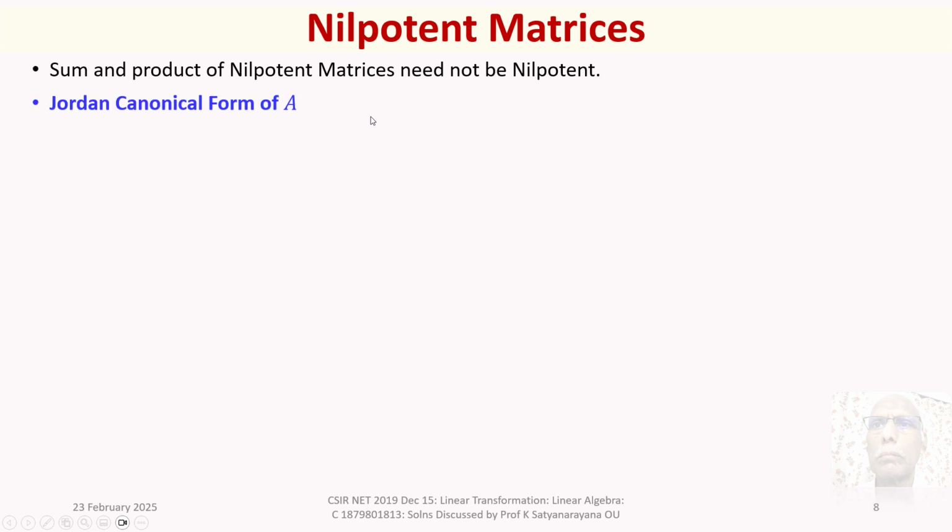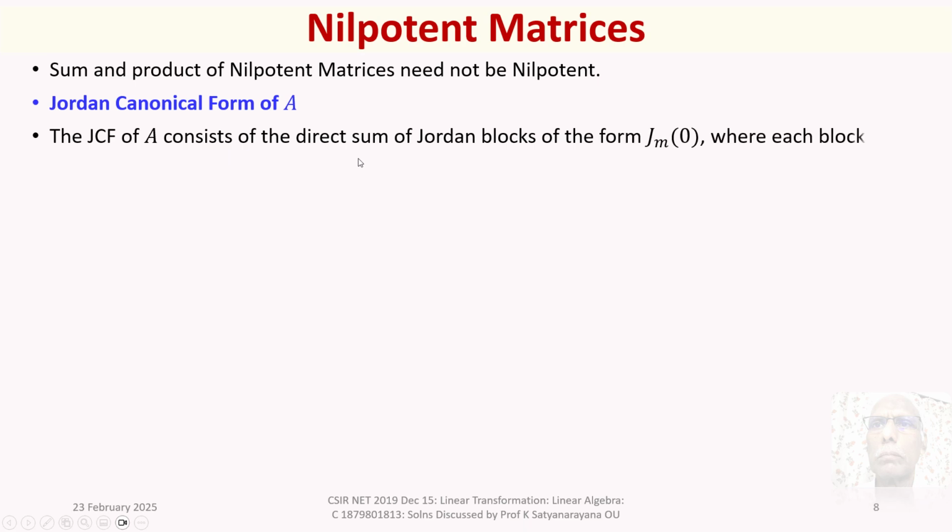Lastly, we talk about the Jordan canonical form of A, which is very important for you. The JCF of A consists of the direct sum of Jordan blocks of the form J_m(0).